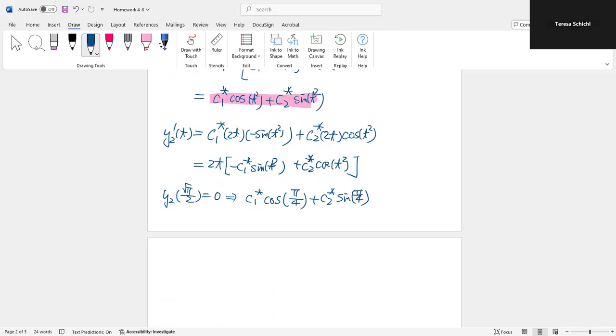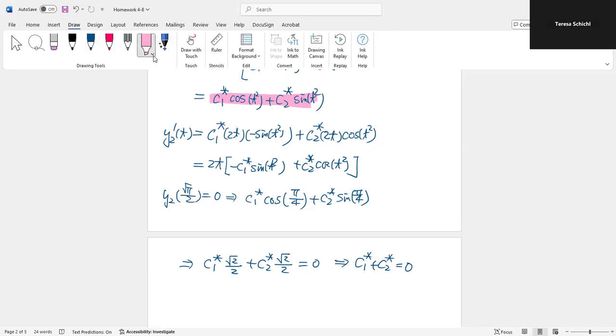Now C1 star times square root of 2 over 2 plus C2 star times square root of 2 over 2 equals 0. I can divide by square root of 2 over 2. So our first equation is C1 star plus C2 star equals 0.